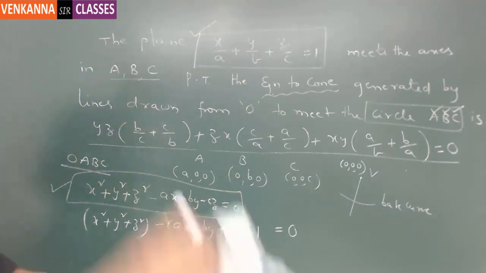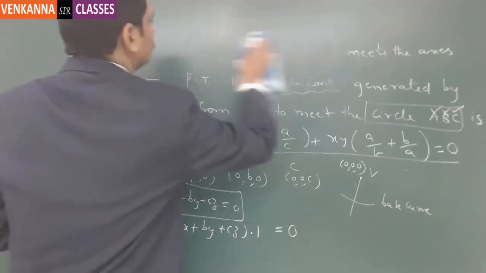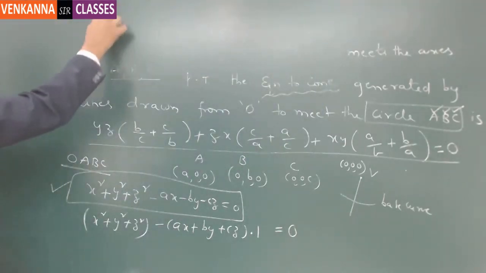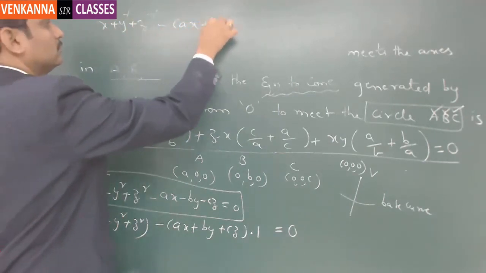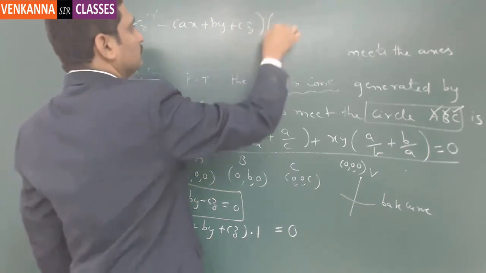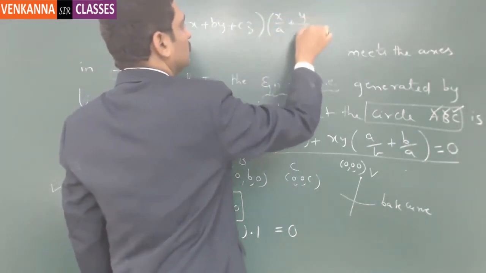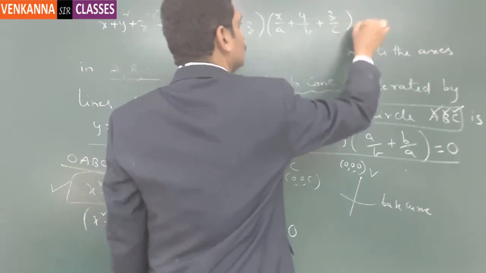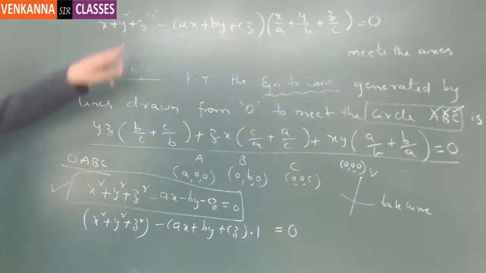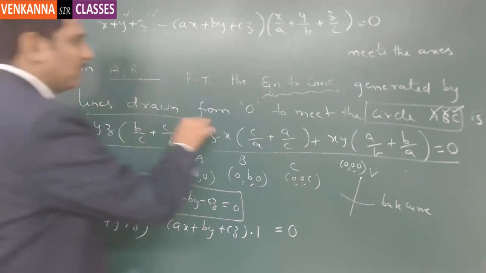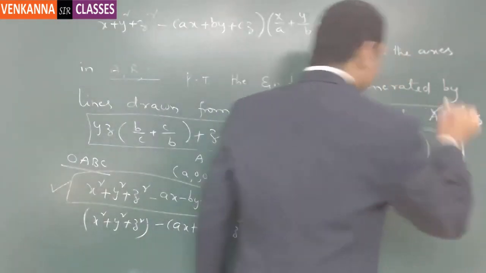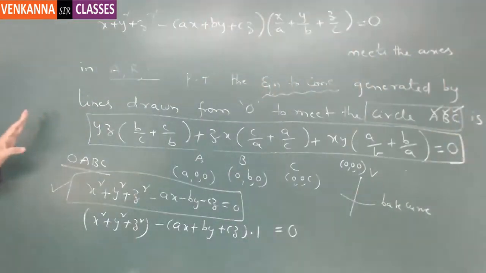So which gives that... now if you multiply all these values, x square, y square, z square get cancelled and you will get the solution of the problem. So this is nothing but the required solution. So it is a very simple problem.